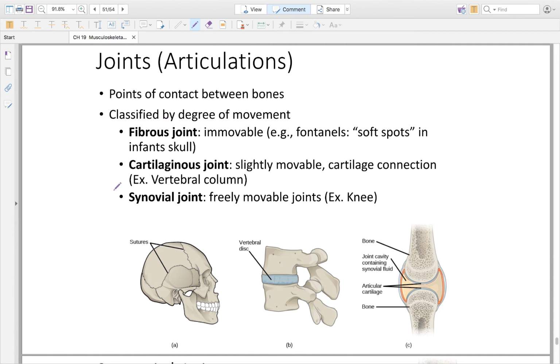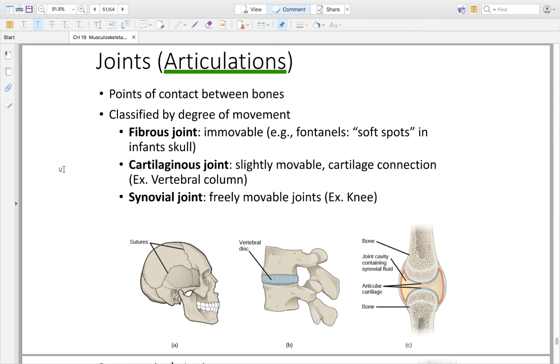All right, let's talk about joints. Joints are technically referred to as an articulation. Okay, this is where two bones connect. Two bones come in contact with each other, and based on what type of joint it is will define how much movement you will have in that particular joint.